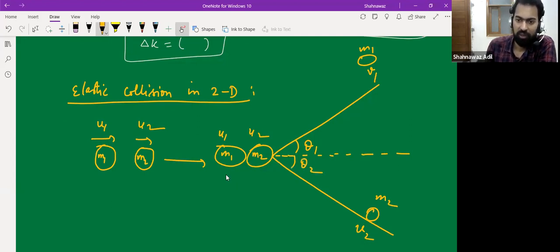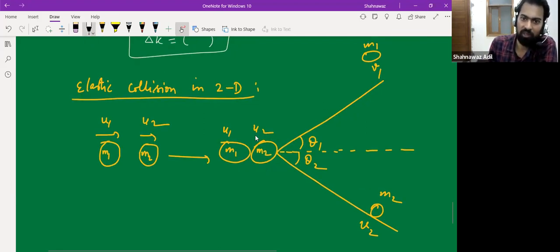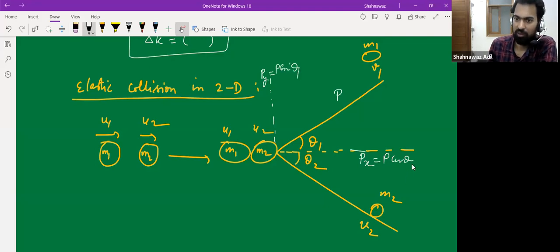Okay. So just remember that this is a two-dimensional motion, right? So this momentum will have a horizontal part, which is P1 cos theta 1, and a vertical part, which will be P1 sin theta 1.